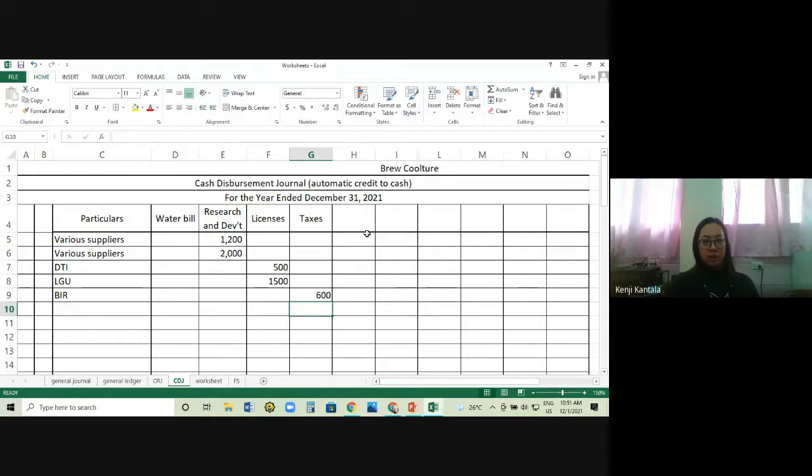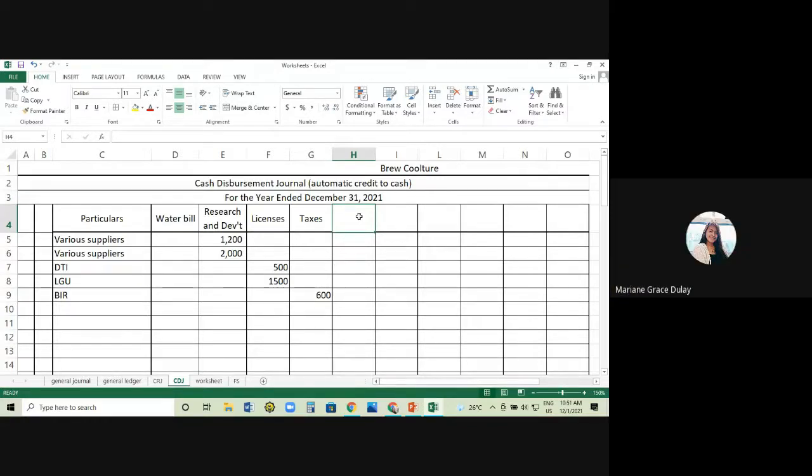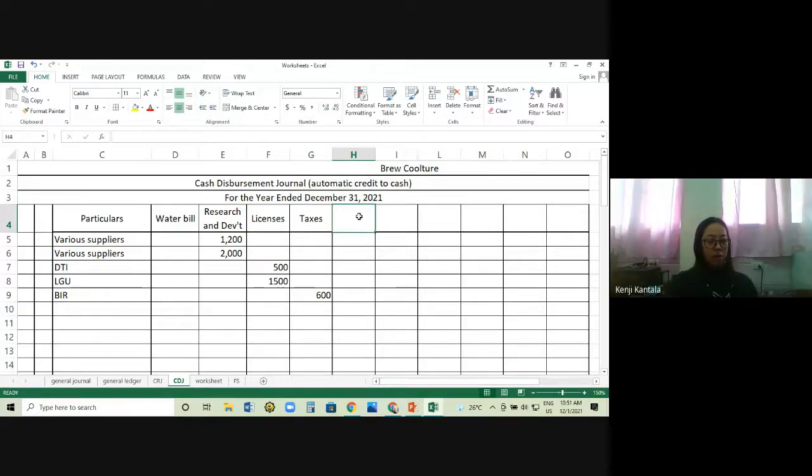So, that forms part of what account? Part ba yan ng ating marketing? Marketing po, ma'am. Okay. So, we will create another account. So, we have here marketing.